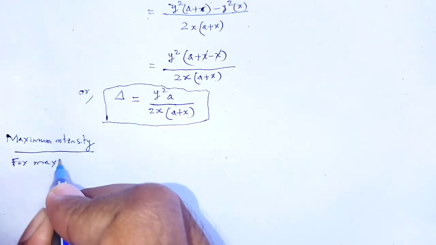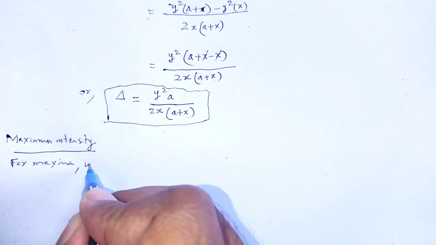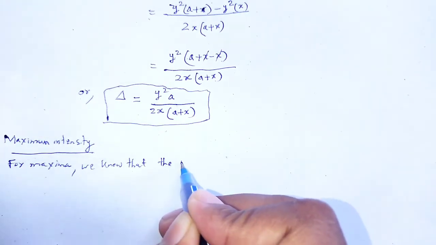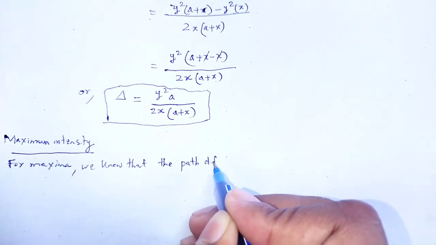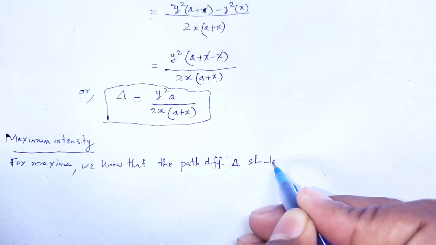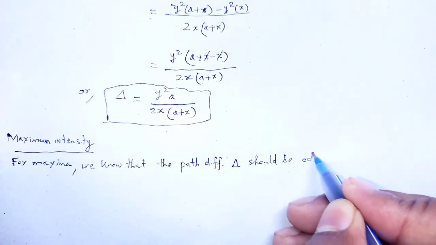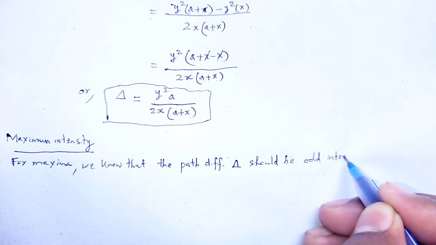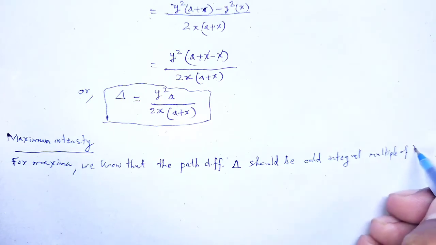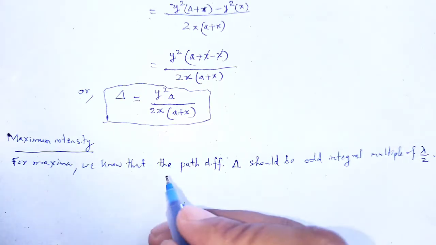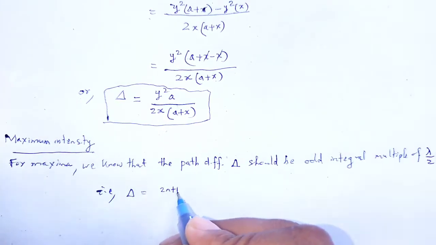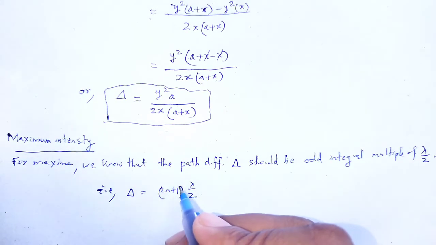For maxima, we know that the path difference delta should be an odd integral multiple of lambda by 2, that is delta is equal to (2n plus 1) lambda by 2.